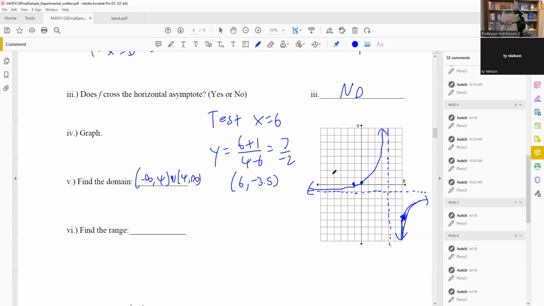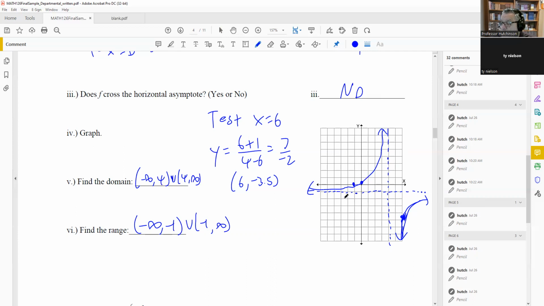Now this time we said that f does not cross the horizontal asymptote. Now because it doesn't, that means that this y value has to be excluded from the range. So that means that I have all numbers except for -1. -1 is not included because the graph is never going to actually reach -1 because we have a horizontal asymptote here.